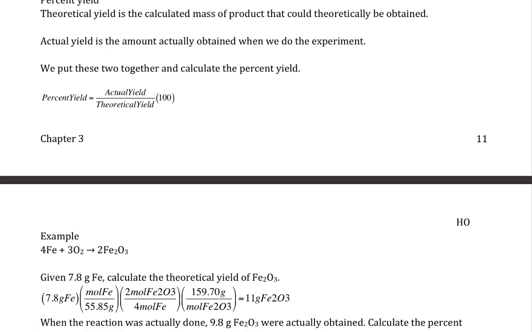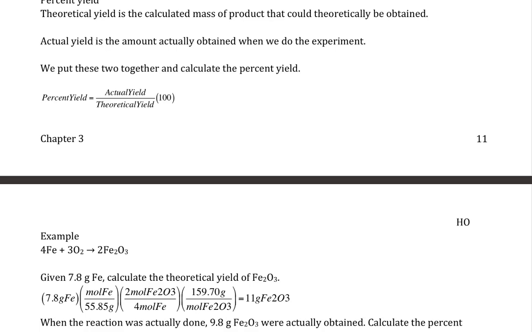Theoretical yield is the calculated mass of product that could theoretically be obtained. It's the mass of the product that is the maximum possible amount, the theoretical amount that could be obtained.